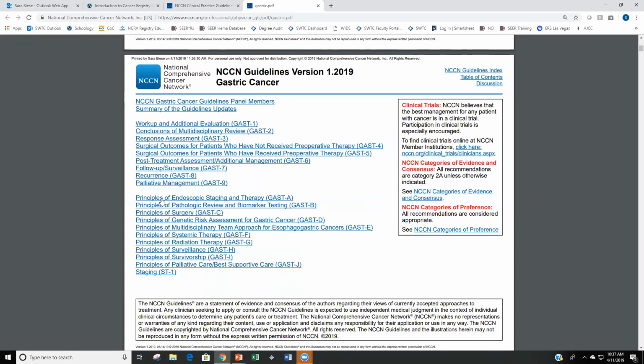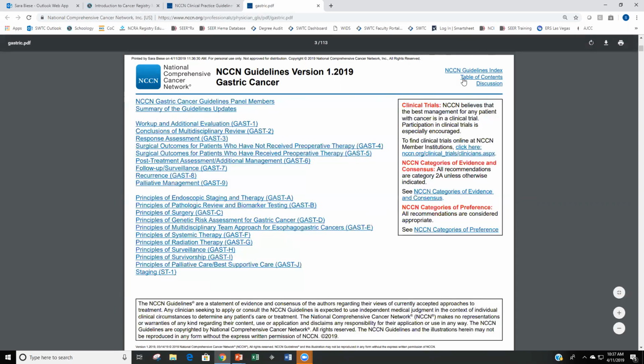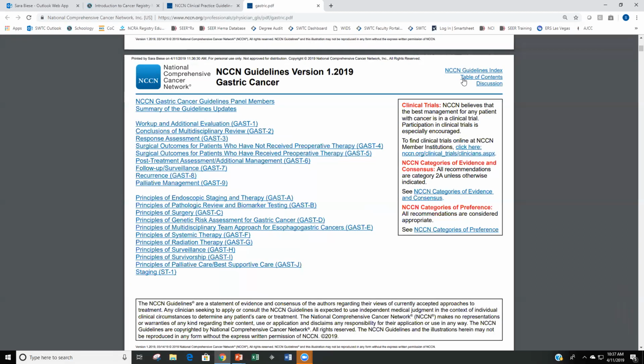And as you can see, if you click on one, it just explains what should be done and how. So this is a really good way to learn about the different procedures and treatment for a specific type of cancer. Whenever you need something to read, there you go. You can learn about the principles. It just gives you a better understanding of why things are the way they are.